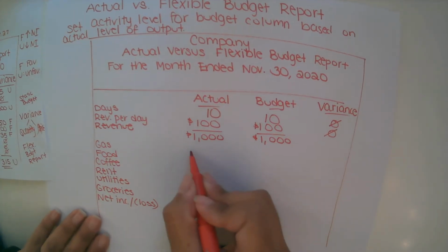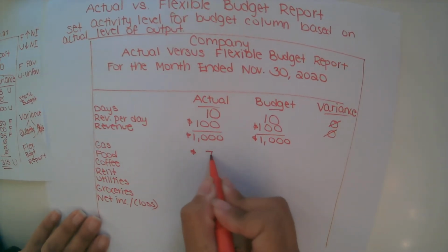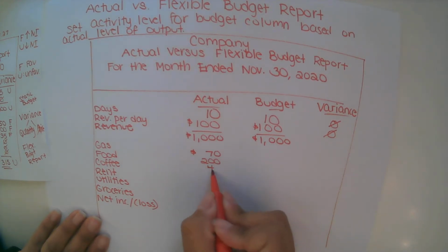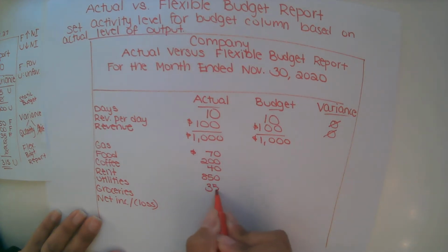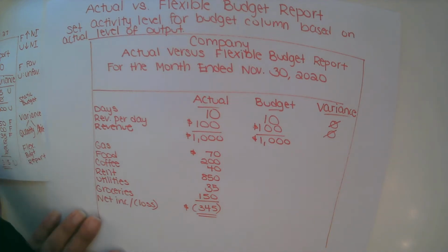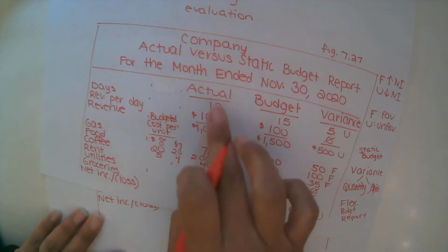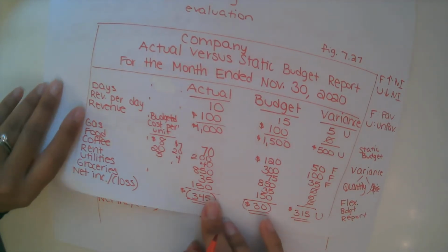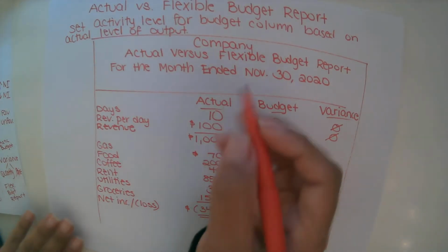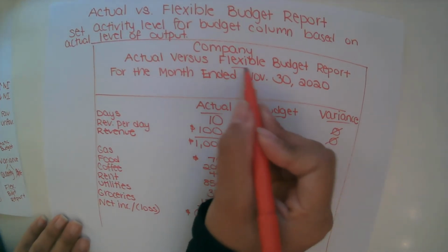Our actual was 70 for gas, 200 for food, 40 for coffee, 850 for rent, 35 for utilities, and 150. So we had a loss of 345. The actual column doesn't change. The budget column will, because now we're doing a flexible budget.